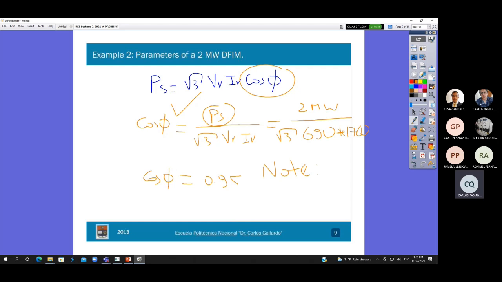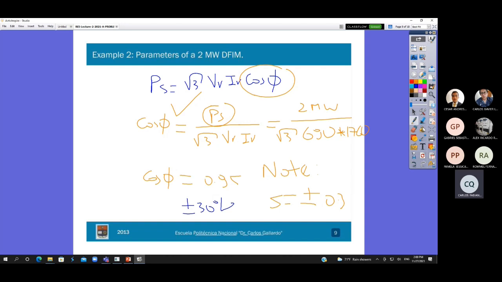Besides, because this typical slip range of operation is, in this case, plus or minus 0.3, it implies that the rated rotor power exchange is, in this case, 30% of the rated stator power, of course.